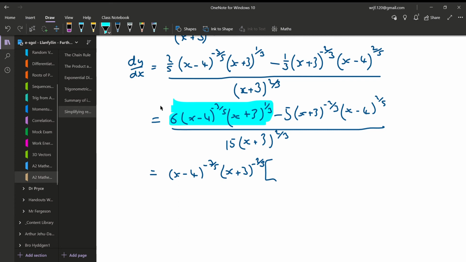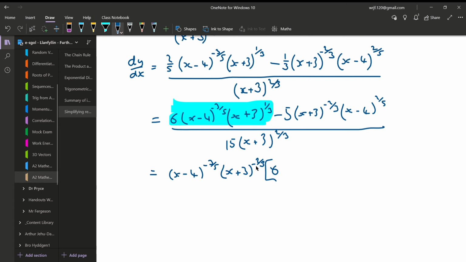The 6, well, I didn't do anything with the numbers, so that 6 still needs to stay there. So 6, and then, oops, sorry, that 6 has gone a bit weird, but never mind. The x minus 4 is okay, that's all correct outside this square bracket. So now I've got to think about how do I get the right bit for the x plus 3 bracket. What would I multiply this by to the power of -2/3 to give me the same thing to the power of a third?